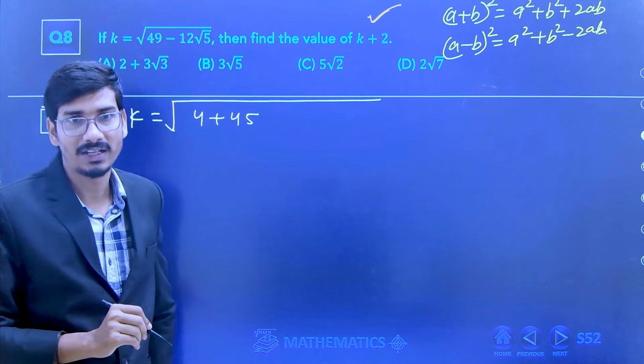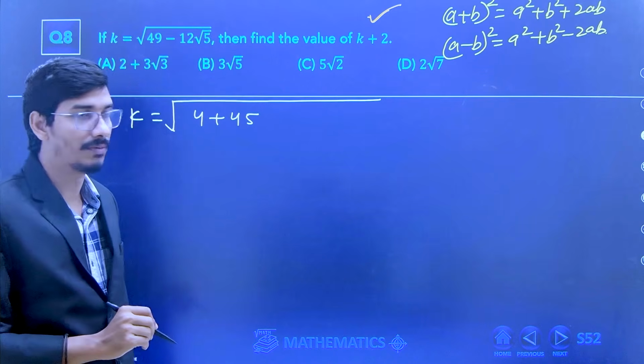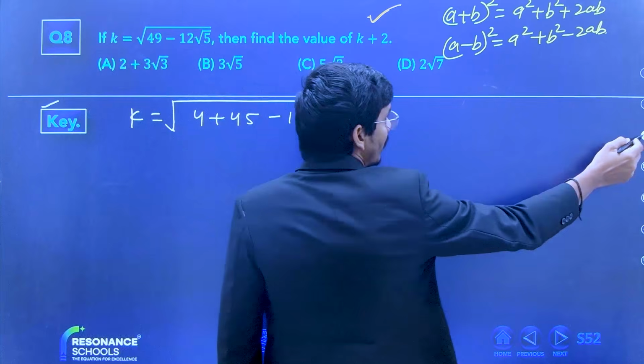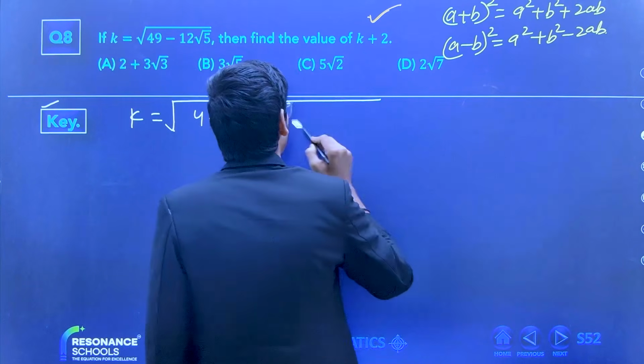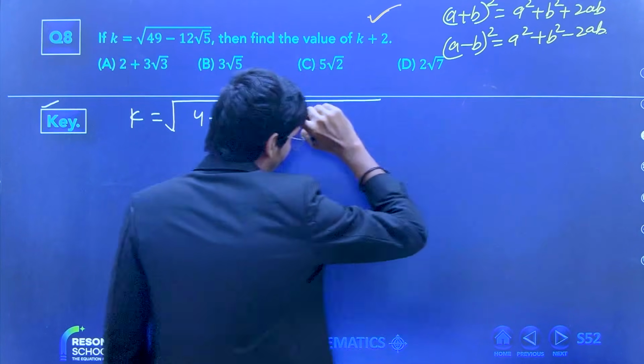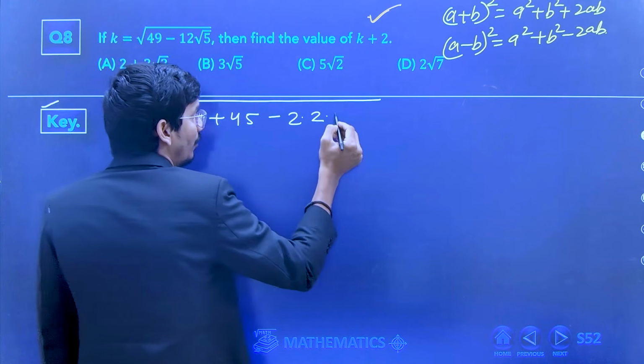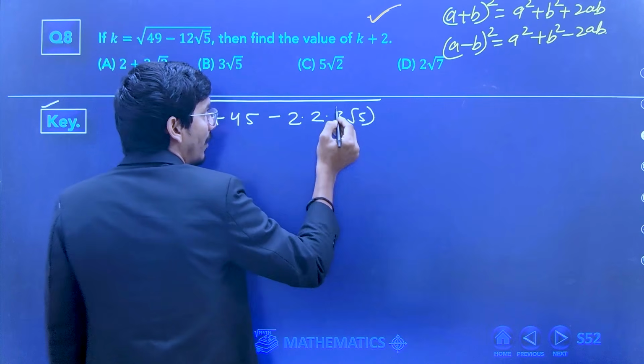And 12 root 5 as 2 into 2 into 3 root 5.